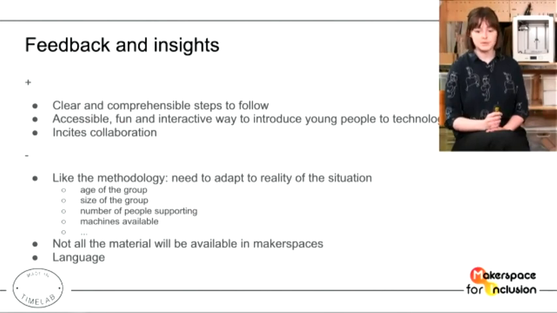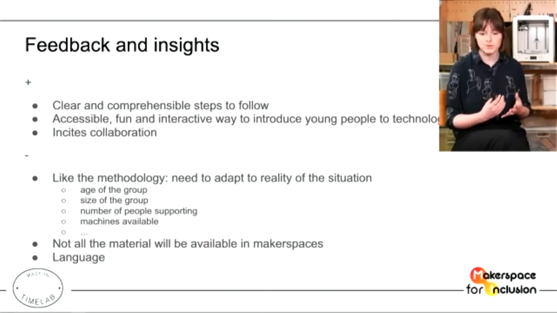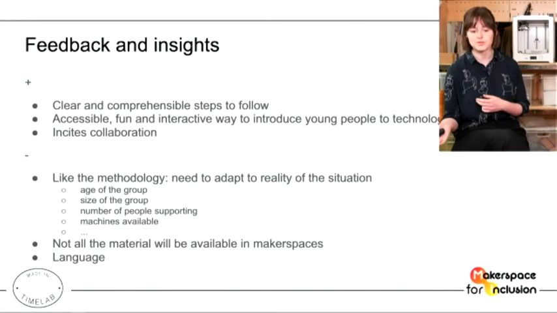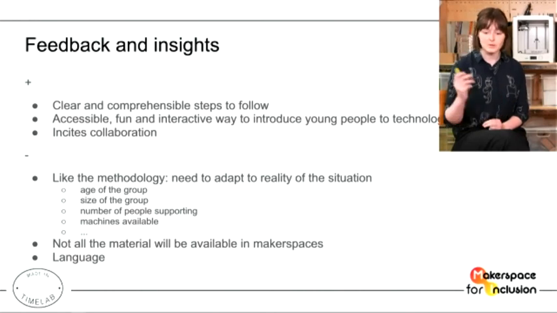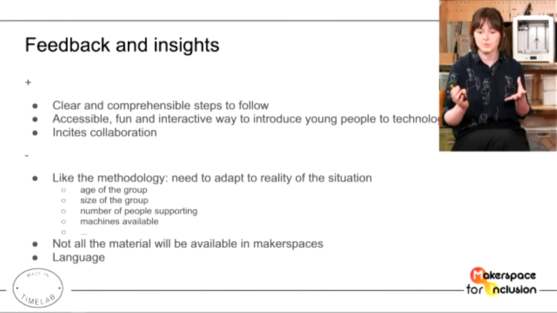For example, with the T-shirt workshop, it's a really nice idea to use old T-shirts to turn them into yarn. But what if you cannot find old T-shirts? It also cannot be the purpose that you have to buy new T-shirts just to do the workshop. So these are all aspects from the feedback that we took into consideration. I already heard some really nice ideas to make the Instructables better.